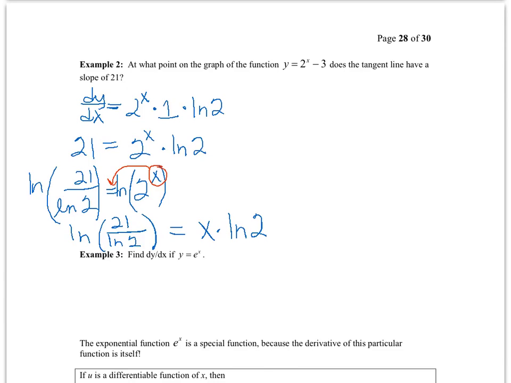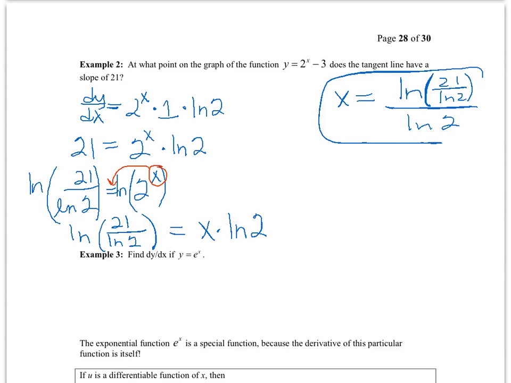It's not pretty. I never said it would be. We're going to divide both sides by the natural log of 2 now. We'll have the natural log of 21 divided by the natural log of 2, and all that is divided by the natural log of 2. So when x equals that mess, you're going to have a slope of 21.